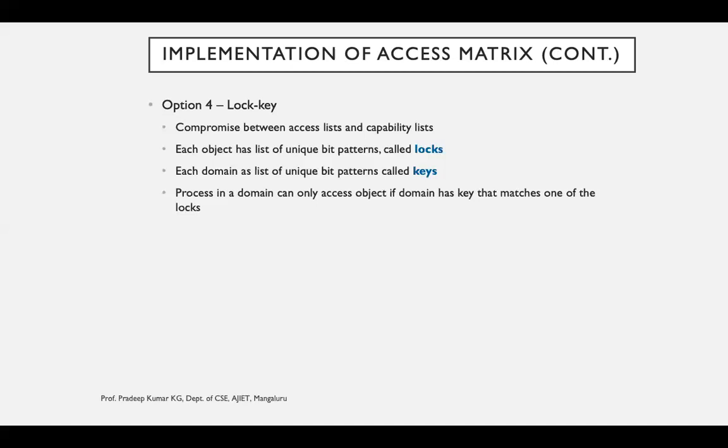Your Android mobile took the initiation and sent a key to your laptop. The laptop received that key and cross-checked with you whether both keys are the same. So now the pairing match has occurred. Similarly, over here in the lock key concept, we are supposed to map or match the keys and locks. With respect to this lock key setup, domains are treated as keys and objects are treated as locks. So this is what we are supposed to match or map.